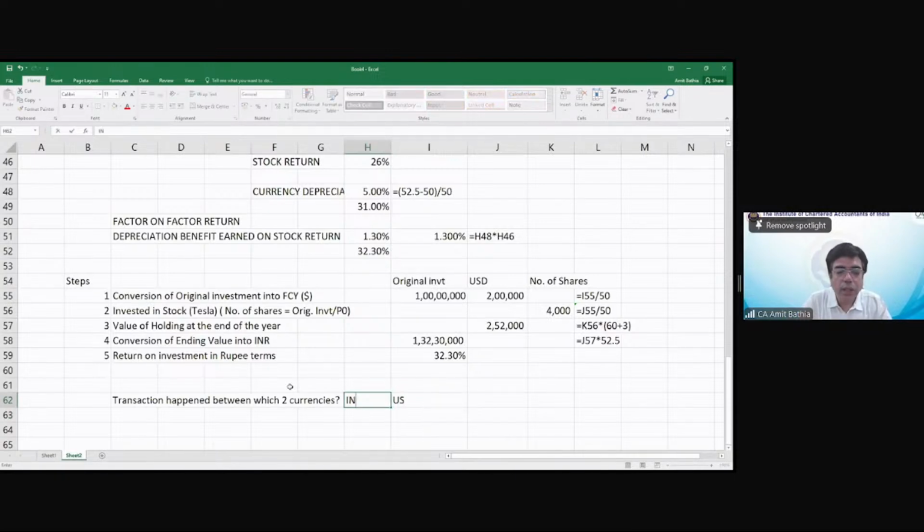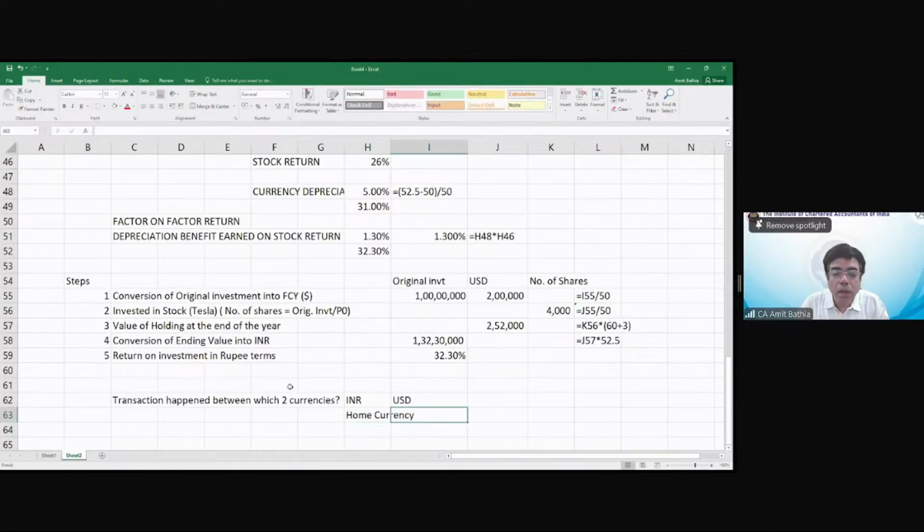So if I say this is INR and this is USD, US dollar. Now, between these two currencies, which one is considered as home currency and which one would you consider as foreign currency? INR is home currency, USD is foreign. And why do you say this is home currency?